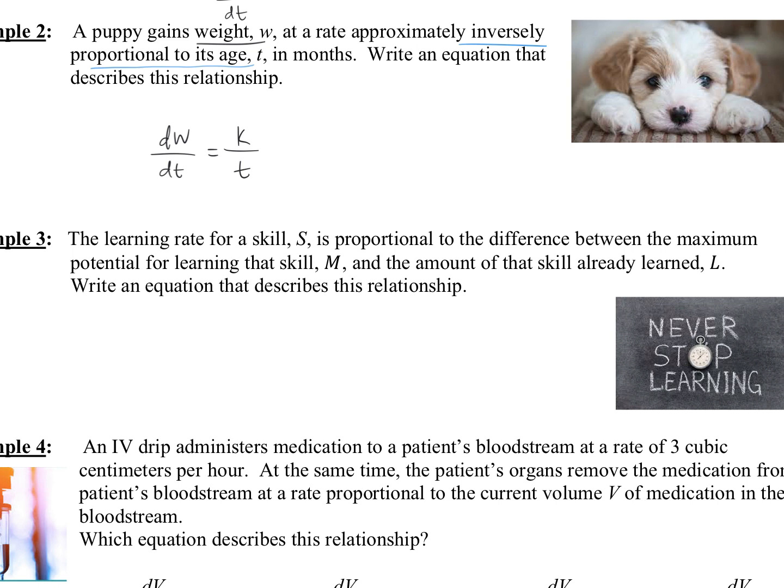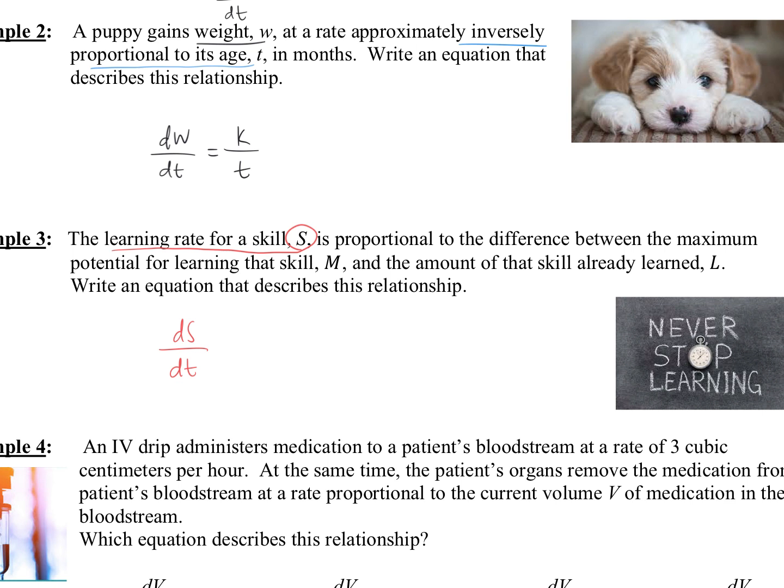Okay, example 3 says, the learning rate for a skill, S, is proportional to the difference between the maximum potential for learning, which is M, and then the amount of that skill that's already learned, L, right? An equation that describes this relationship. So we're given originally here a learning rate, S. So how would I write the left-hand side of my equation? dS over dt.